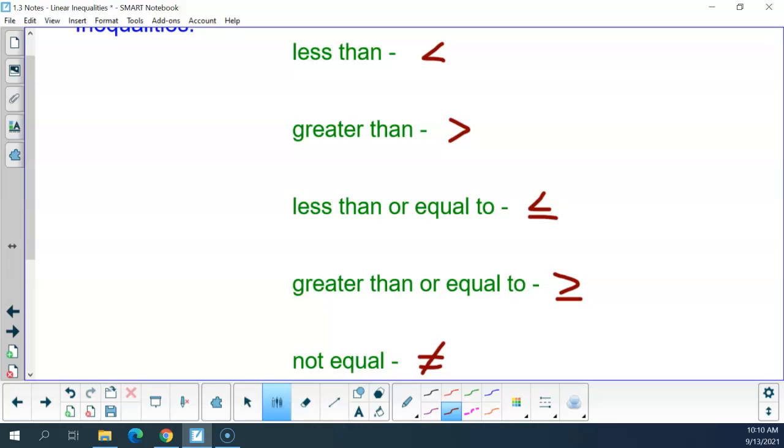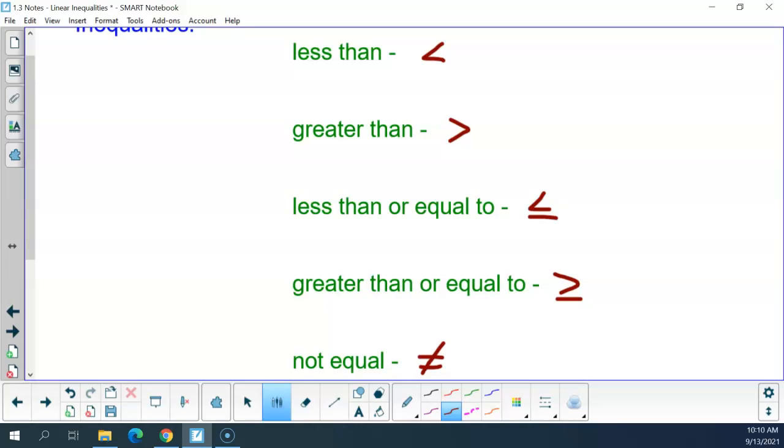Now, last week, Thursday, when we were talking about equalities, we found an exact value. So like we said, x is equal to 5, and that's what makes this a true statement.